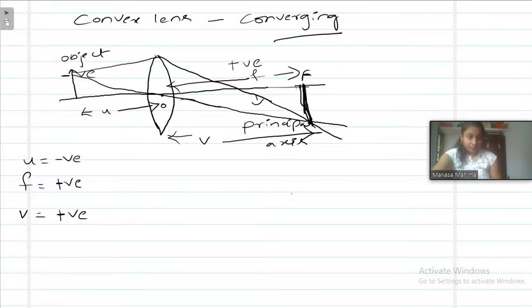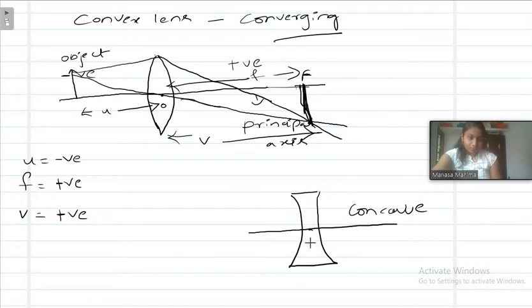But in the case of a concave lens, what happens? If I take this as a concave lens, it also has a principal axis and an optic center, correct? And the distance of the object is always taken towards the left, so u is negative for the concave lens also.